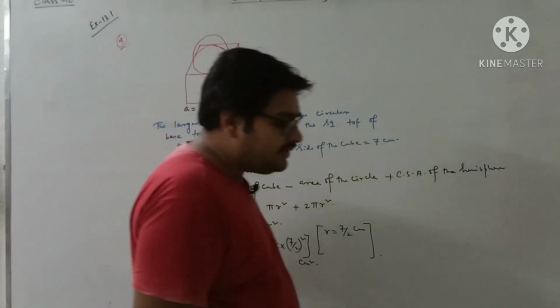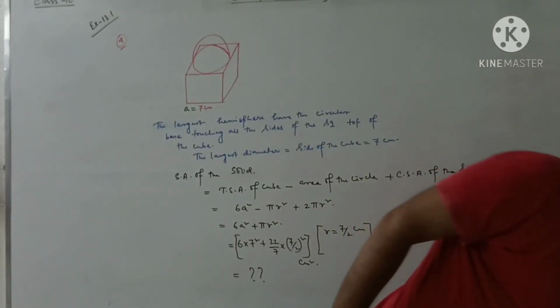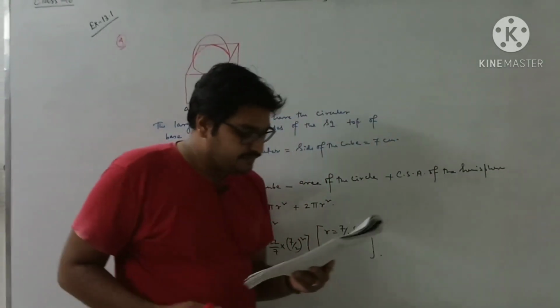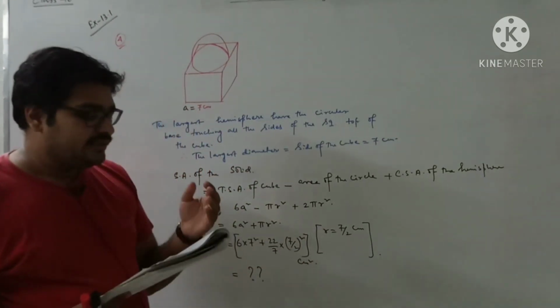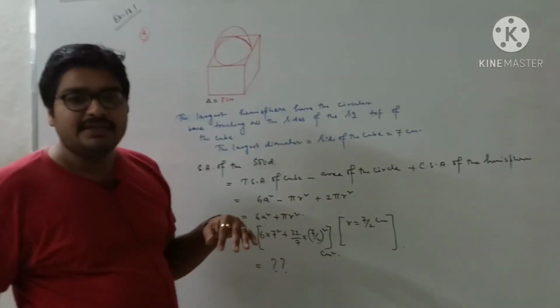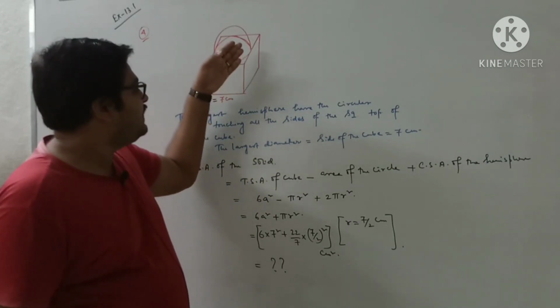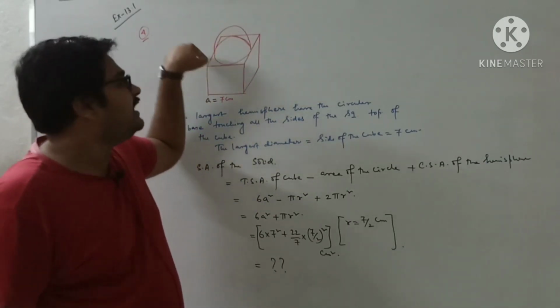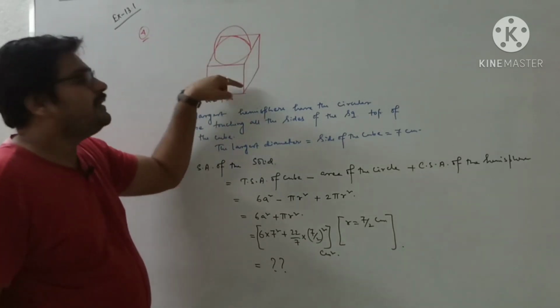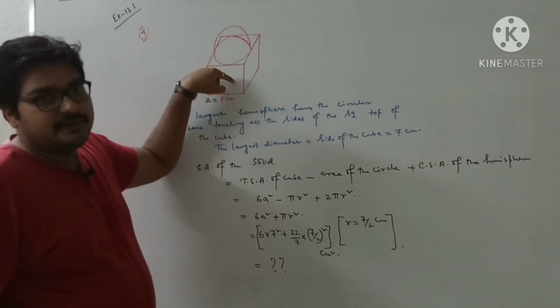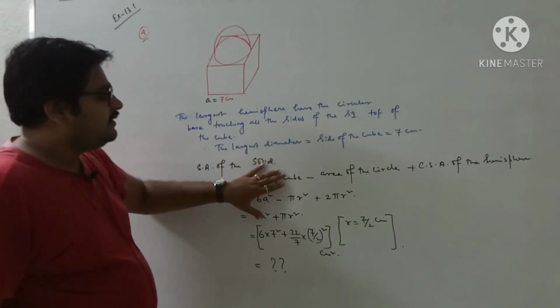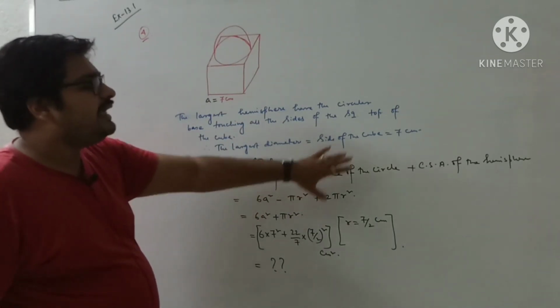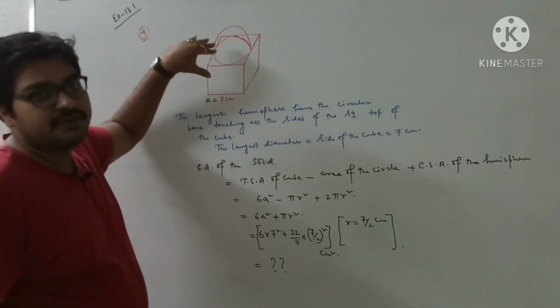No question here? So there will be a small homework for you, because question number 4 and question number 5 are very related, since there a hemispherical depression has been made. So whenever a hemispherical depression is made, along with the 5 face area, along with the 6 face area, after subtracting the area of the circle, again you have to add the curved surface of the hemisphere.